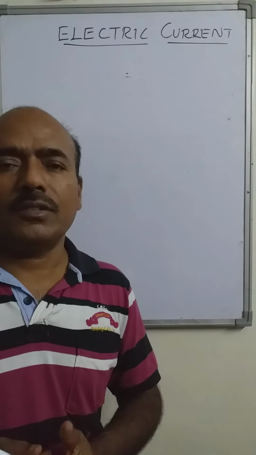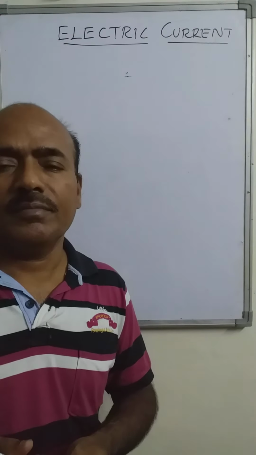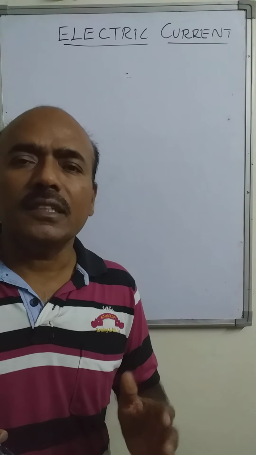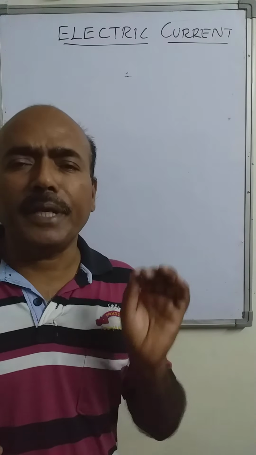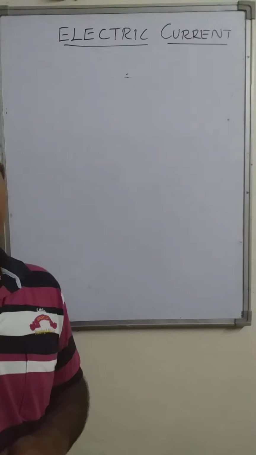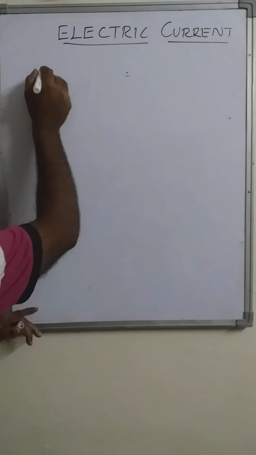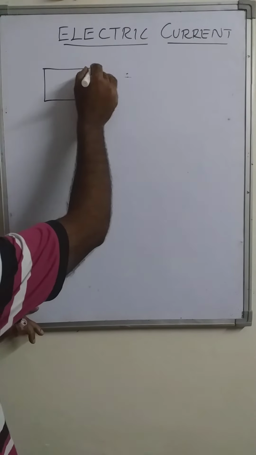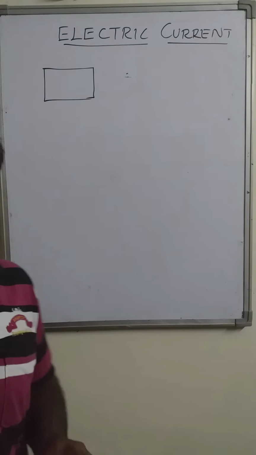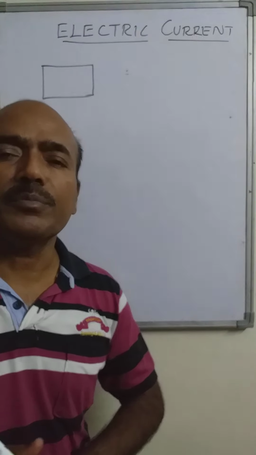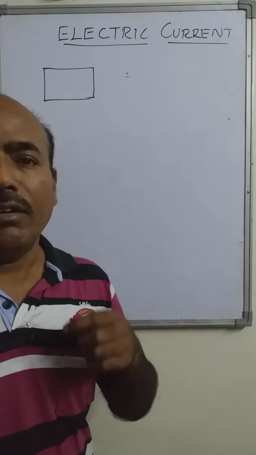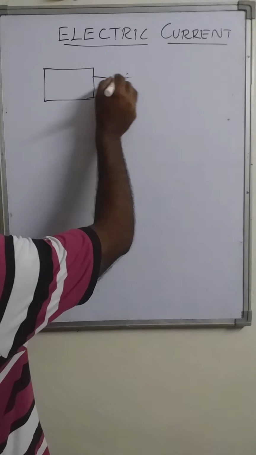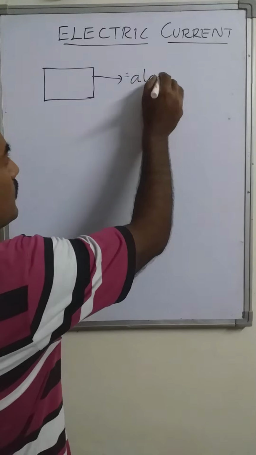All the things, all the matters are made up of small particles. Suppose this is any matter. It is made up of number of small particles, and all the very small particles are called atoms.